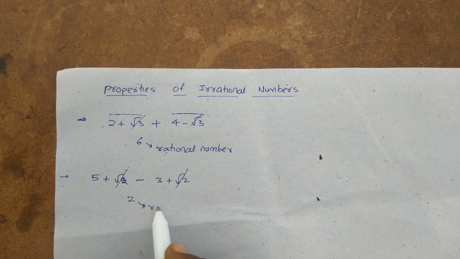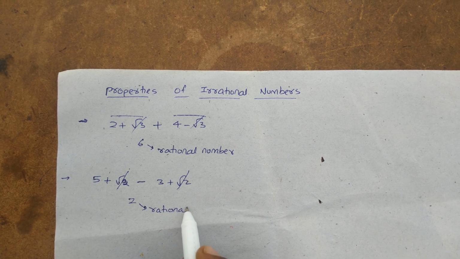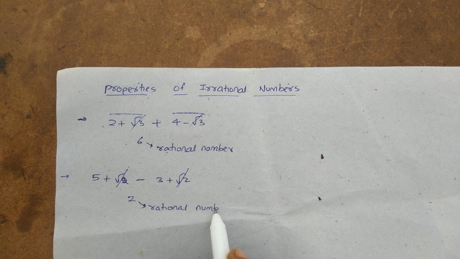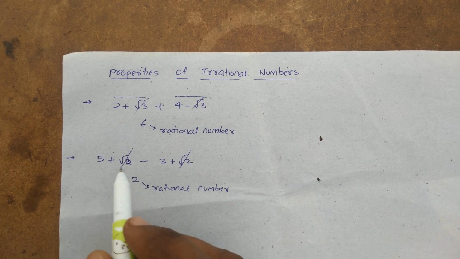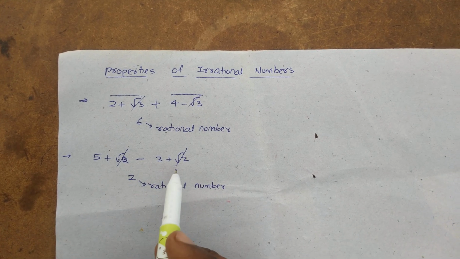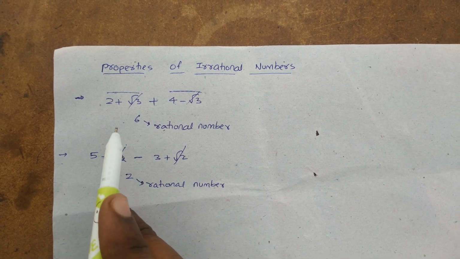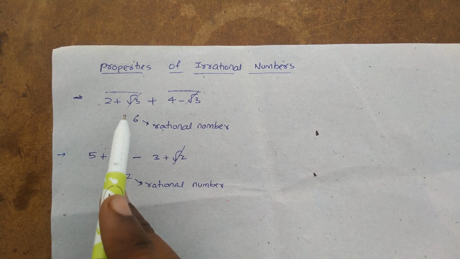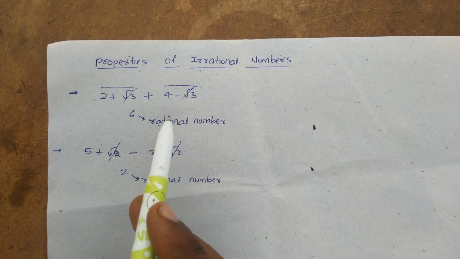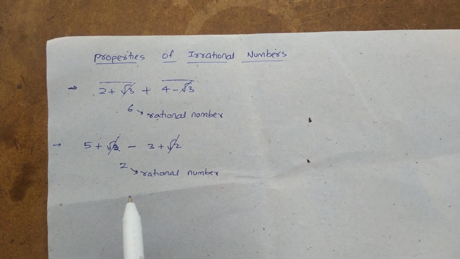So this is a rational number again, 2 by 1, right? So if you take the difference of two irrational numbers, you are also going to get a rational number. And if you add irrational numbers, then it need not be irrational.